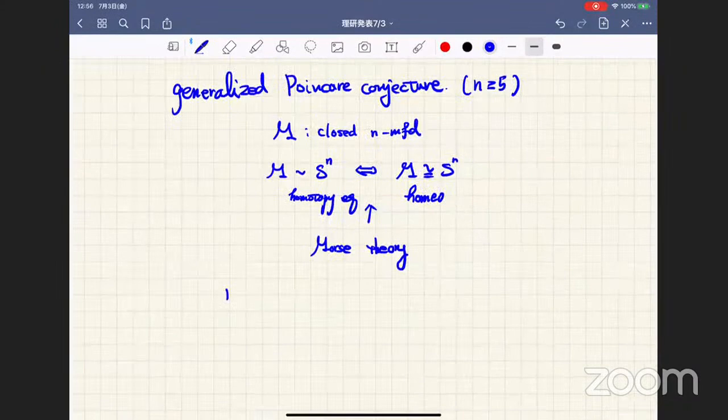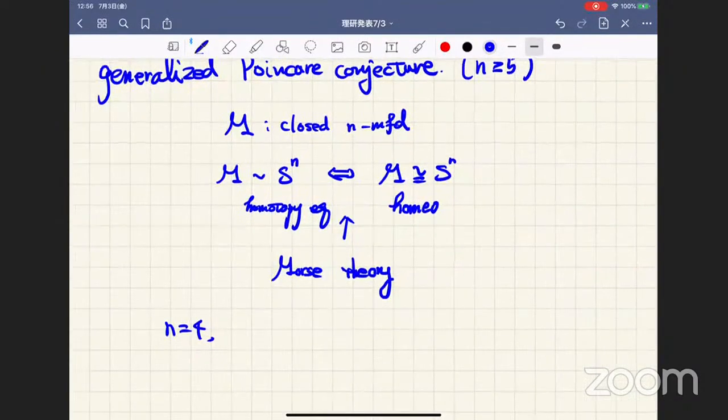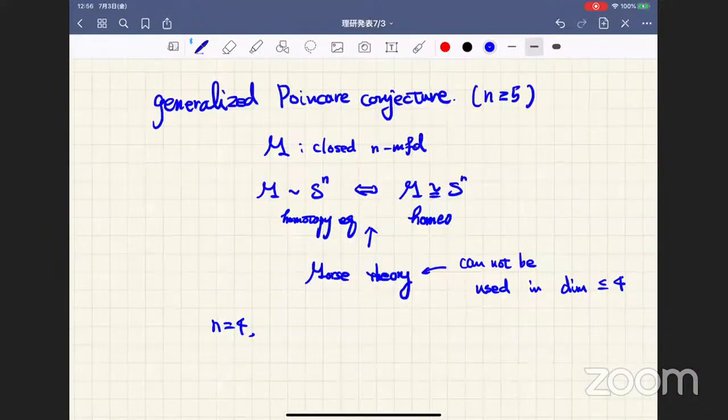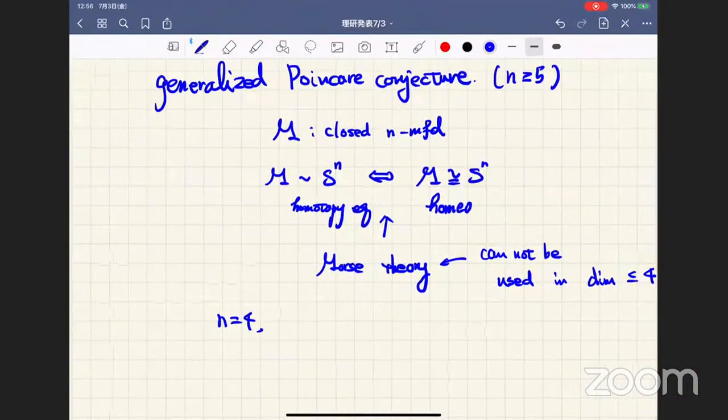But in dimension 4, this method cannot be used. For dimension smaller than or equal to 4, we cannot use this method.